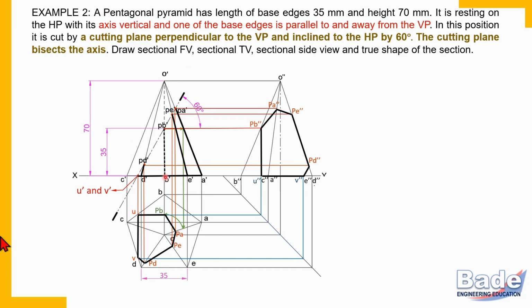The view in which the cutting line is gives you a clear idea about the removed portion and retained portion. The observer is watching from the top for the sectional top view and from the left for the sectional side view. So the portion which is nearer to the observer is the removed portion. The portion which is closer to the XY line is the retained portion.